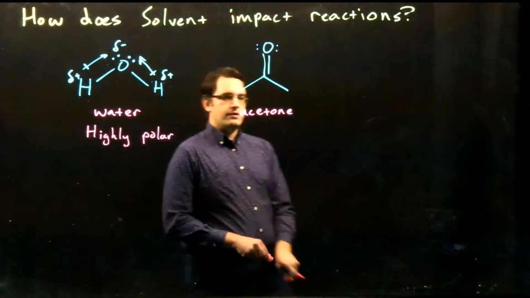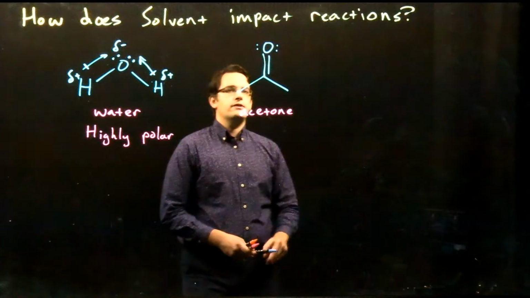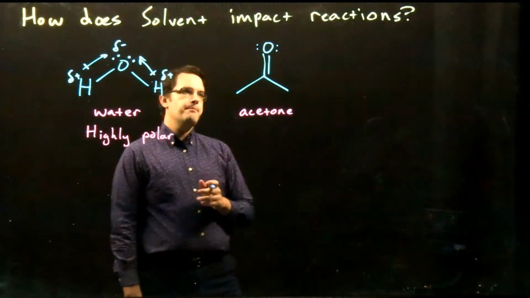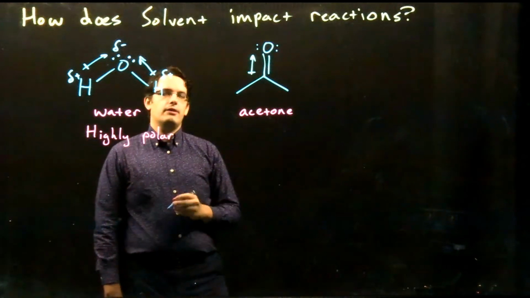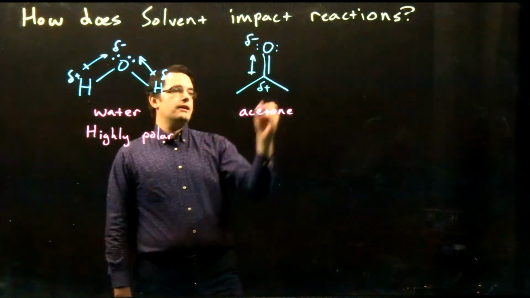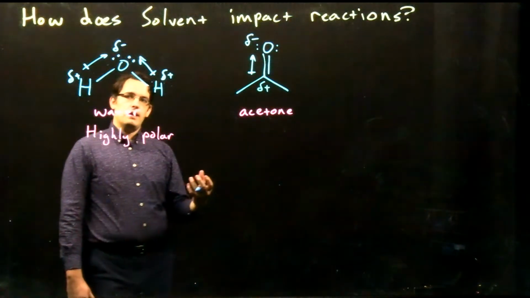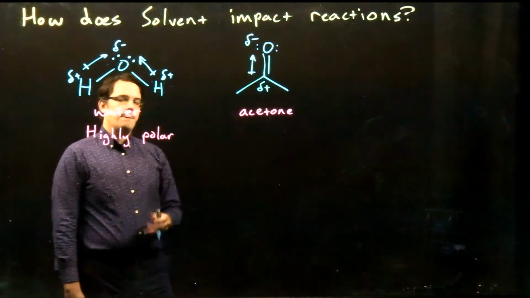When we compare this to our acetone, of course, we have our oxygen that's bonded to our carbon. Oxygen is more electronegative than carbon, so it pulls that electron density toward itself. But the difference in electronegativity between carbon and oxygen is not as big as the difference between hydrogen and oxygen. Right?